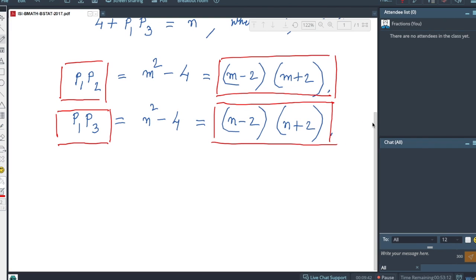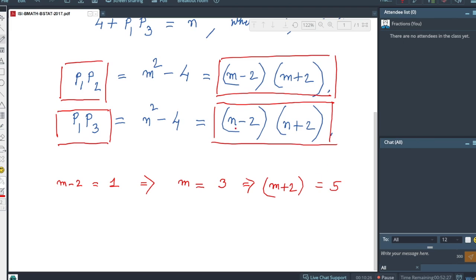If m minus 2 is 1, that gives us m is equal to 3, and m plus 2 is 5. Then we would have only one prime on our right hand side, but we have a product of two primes on the left hand side, so that's not possible.